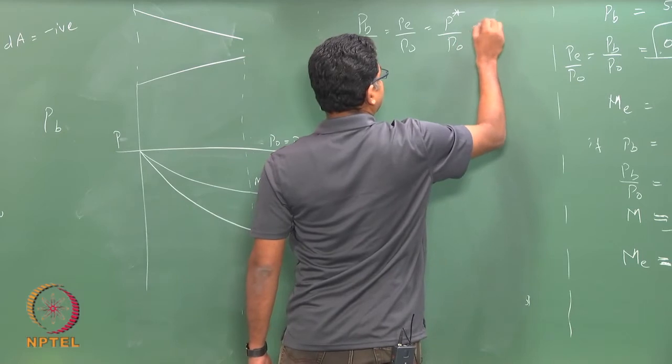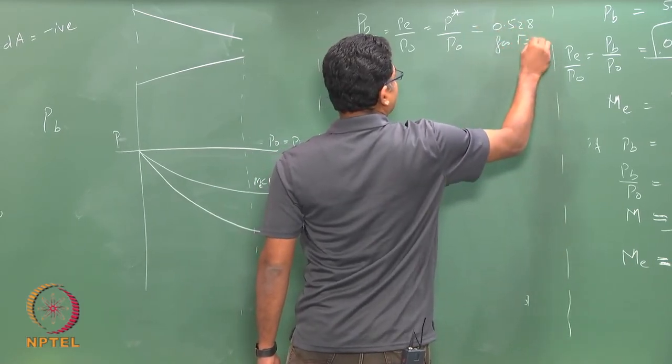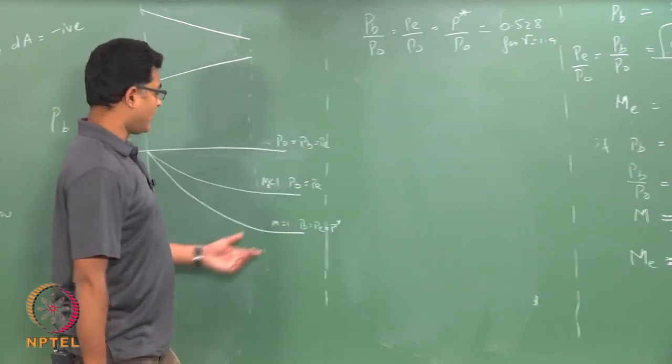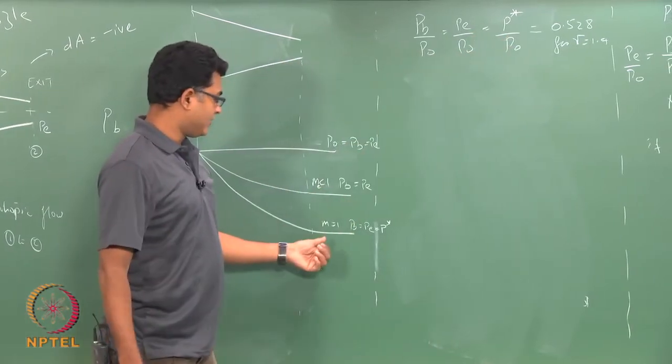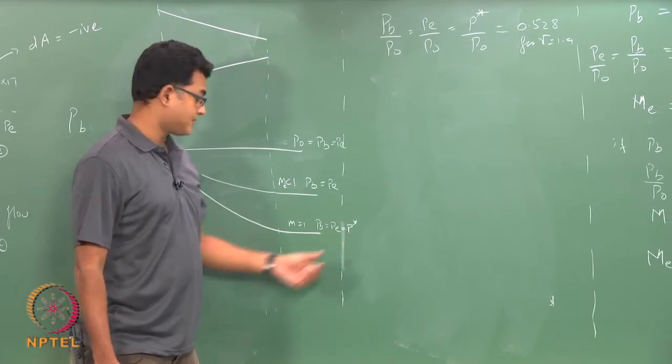This is equal to 0.528 for gamma equals 1.4. If I use a different gas, I would get a different ratio, but for air, if the pressure ratio is this, you are going to get M equals 1, and I call that pressure my critical pressure, which is also our P star.